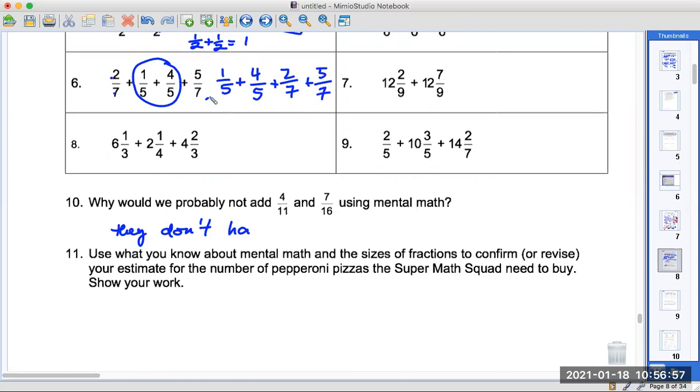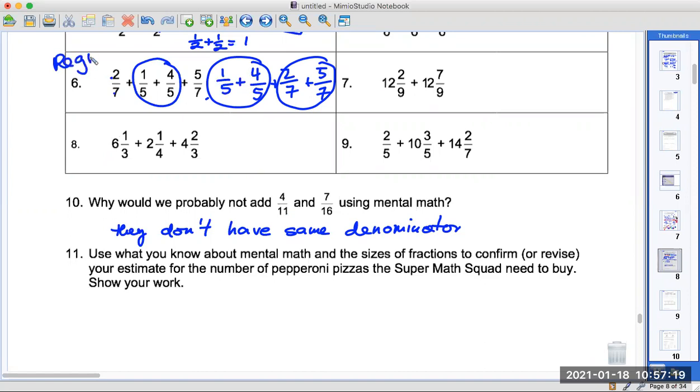So you can group the ones together with the same denominator, but if they don't have the same denominator, you can't do that in your head. So I'm going to say regroup. Okay, you can do that. Same here. Figure out this and leave that part alone. And here too, add your 3's and just kind of estimate how much more would that be.